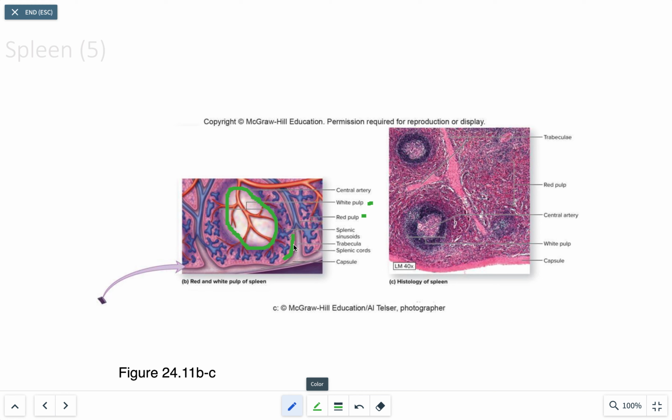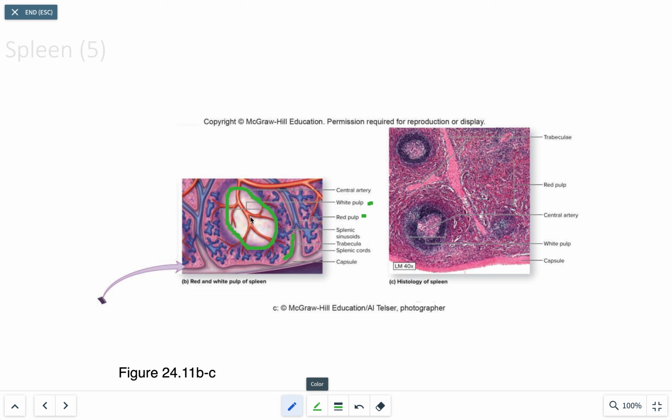So starting with the outer edge, the red pulp, it serves as a reservoir for healthy erythrocytes and platelets. It can use phagocytosis to destroy old and defective platelets.